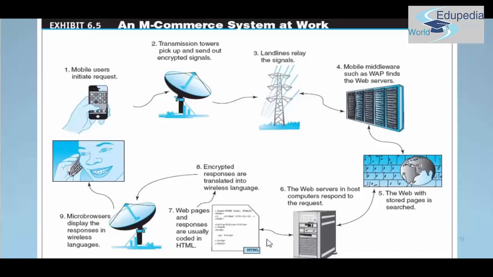HTML pages are searched. Web pages and responses are usually coded in HTML. Encrypted responses are translated into wireless language. Micro browsers display the responses in the wireless languages. Now, what was this? This is exactly what happens in your broadband or your mobile data transmission.